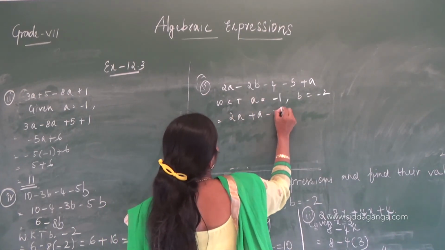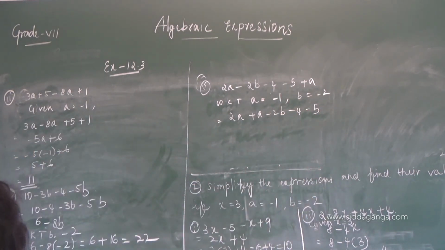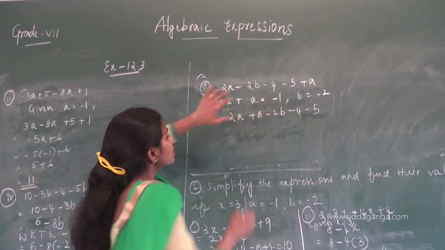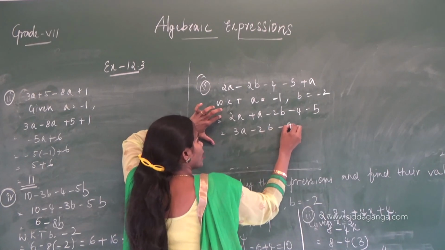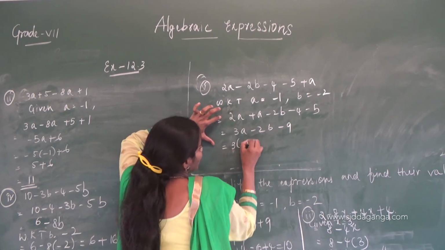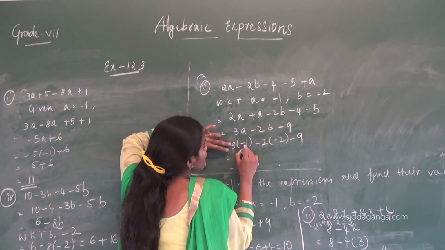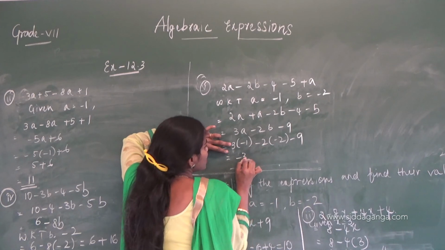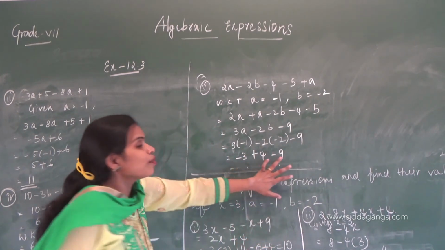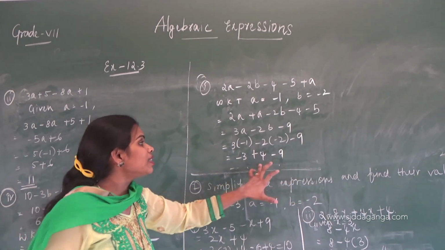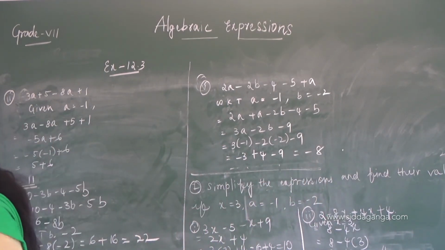Next b terms, minus 2b, minus 4, minus 5. 2a plus a, 3a. Minus 2b, minus 9. What is the value of a? Minus 1, minus 2 into minus 2, minus 9. 3 into minus 1, minus 3, minus 2 into minus 2, plus 4, minus 9. Minus 3, minus 9, minus 12 plus 4. What is that? Minus 8.